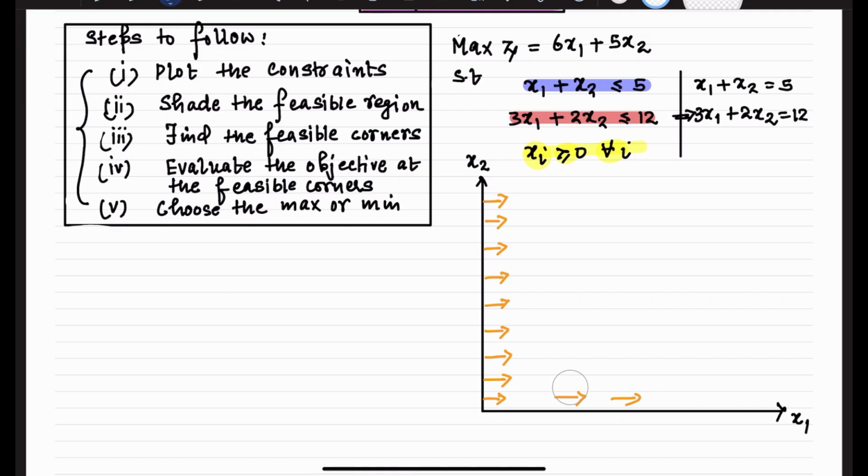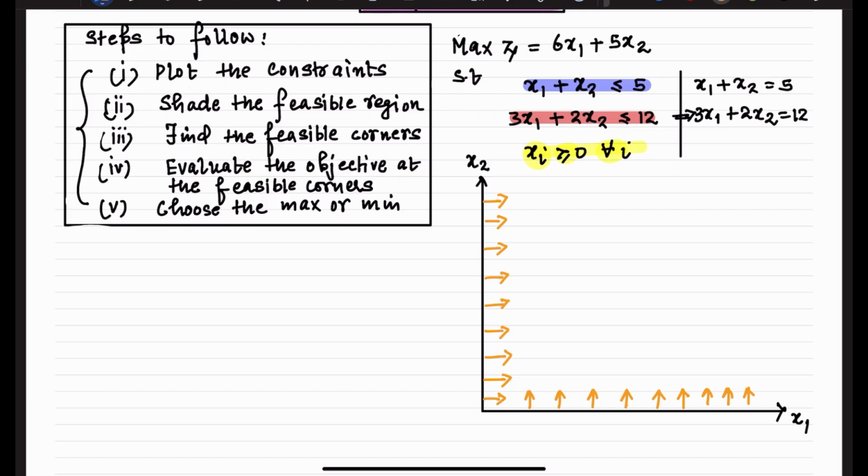The second constraint in the non-negativity says that x2 is also non-negative. So x2 means y. So y is non-negative means you are there. That is why we are in the first quadrant. Okay. So we have plotted the yellow constraint.